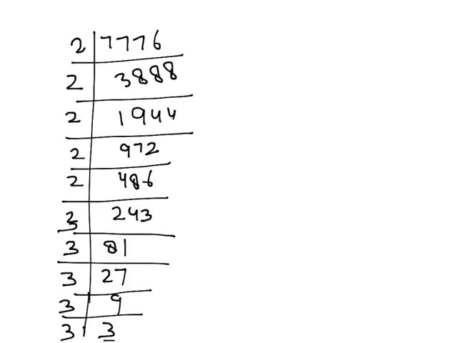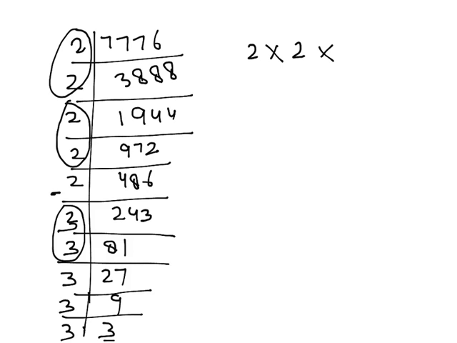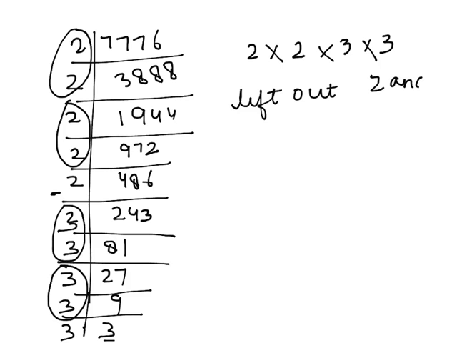Then let's make the pairs. Here, one pair will give us 2, another pair will give us 2. Now this 2 is left over. This pair will give us 3. Again this pair will give us 3. So we have left out 2 and 3.